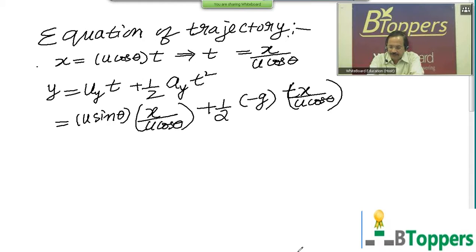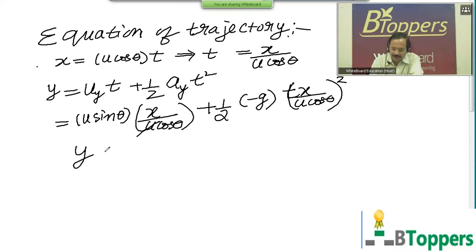So in the equation y equal to u_y into t plus half a_y t square, I substituted t equal to x by u cos theta in both the first term and the second term. So you can cancel u here. Then you get sin theta by cos theta, which you can write as tan theta.